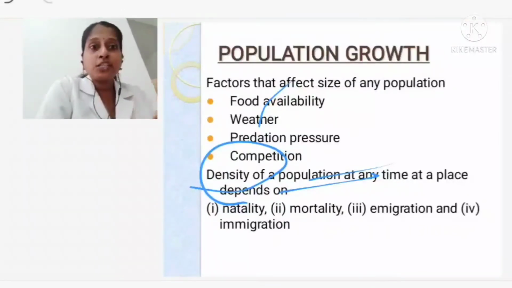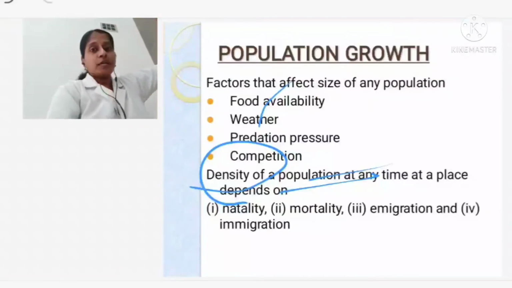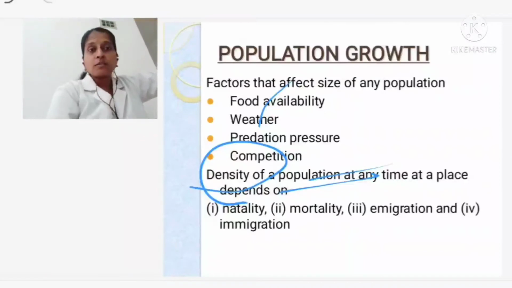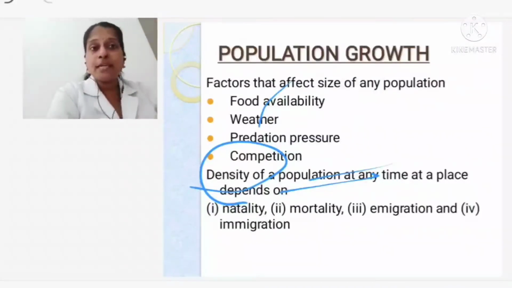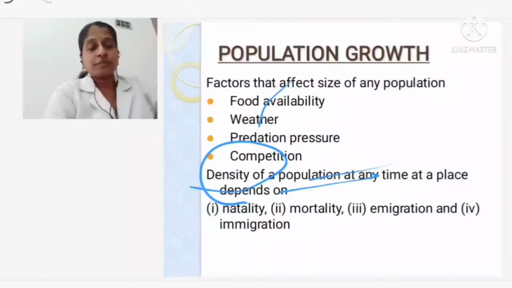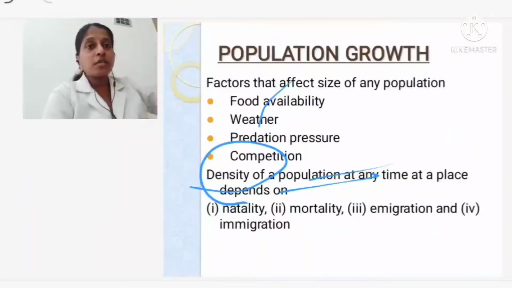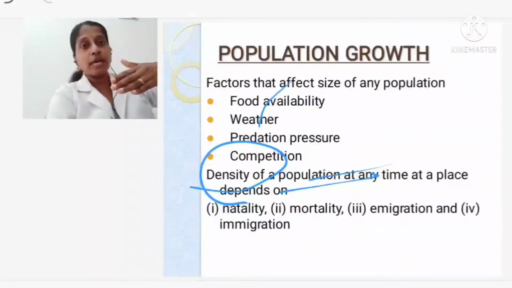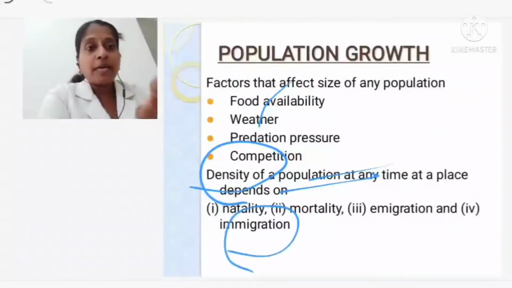Immigration, emigration. Moving away from one country to another, moving away permanently from one place to another, we call that emigration. And immigration means what? Someone is moving from some country into a population, then we call it immigration.